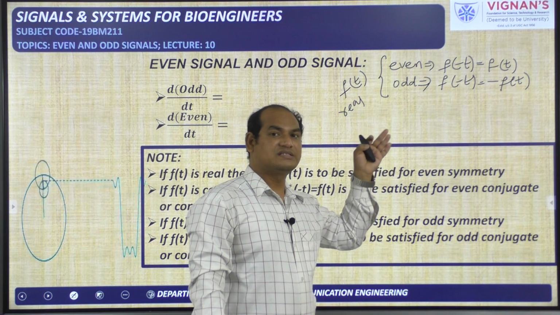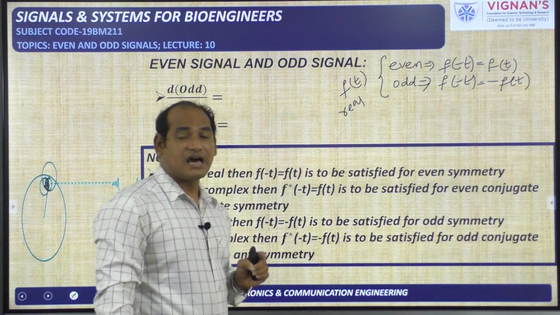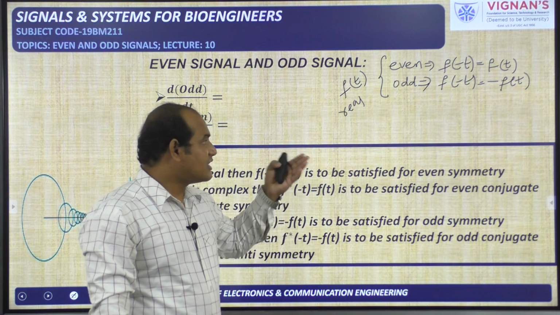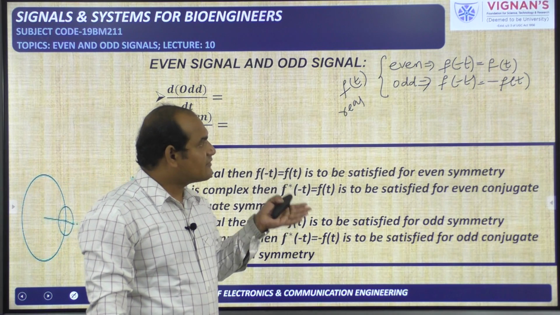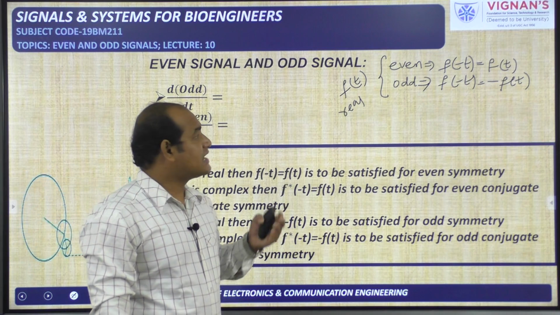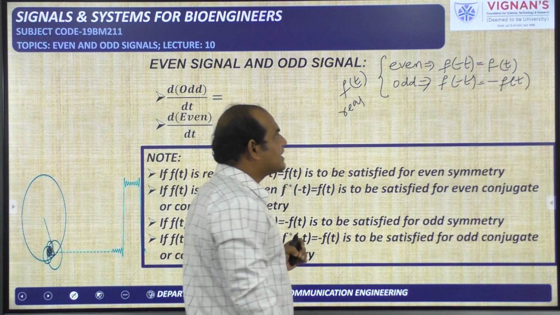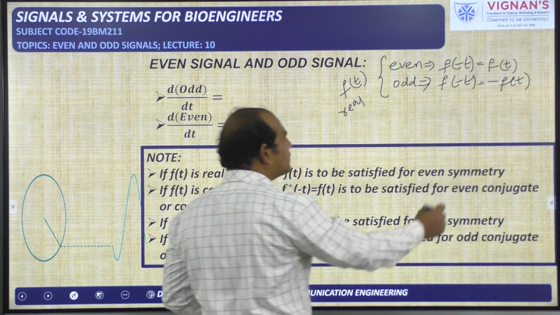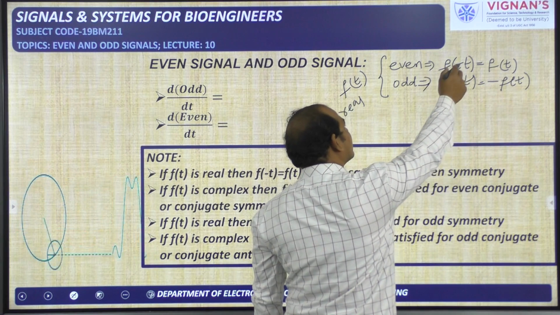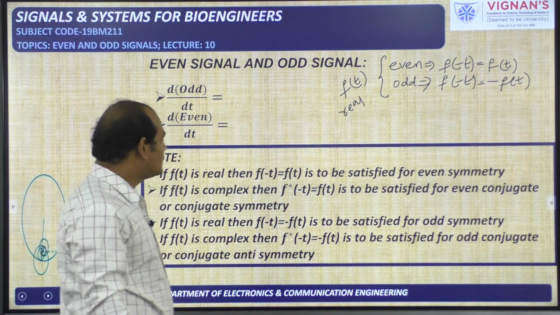If f of t is a complex signal, then what is the definition for even symmetry, or when can we say f of t has even symmetry, and when can we say f of t has odd symmetry? For that purpose, in a simple way you can remember that you need to take the conjugate whenever minus t is present. In the note I have given that, you can see.